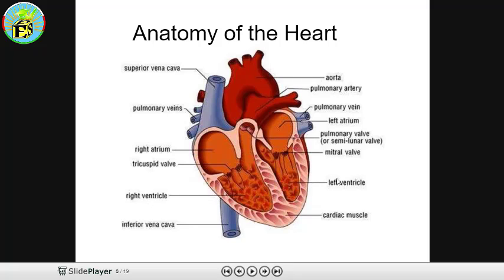The left one would be left ventricle. Right now we just need to focus on the chambers of the heart. So there are four chambers, two atria and two ventricles. Right atrium, left atrium, right ventricle, left ventricle.